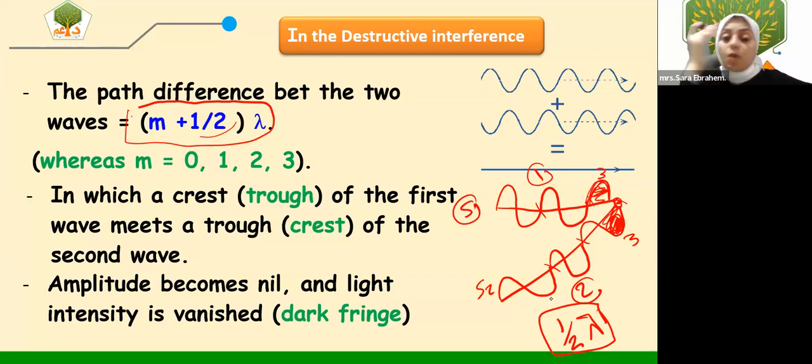So what you can say as the path difference to reach the first bright ring.